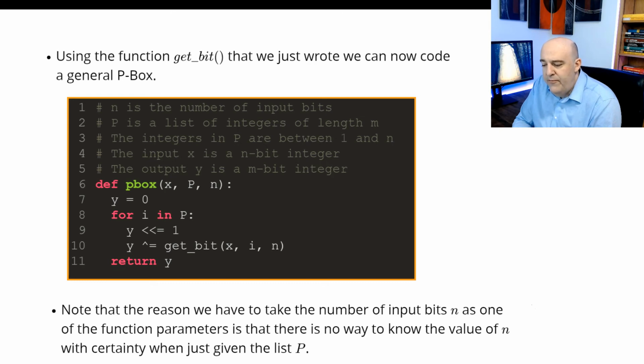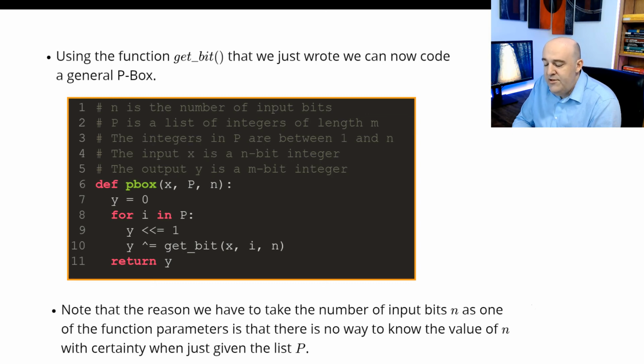Well, we first shift y over by 1, so we don't damage any of the information in y, and that leaves its least significant bit open as a 0. And then we append onto y, using the XOR, the correct bit value of x, depending on whatever i is from the list P. And we use our previous function that we just wrote there.